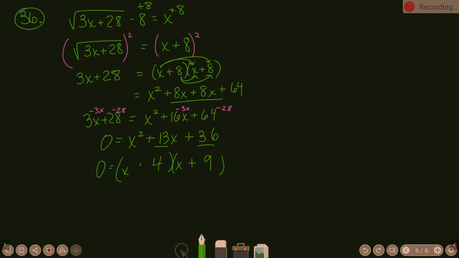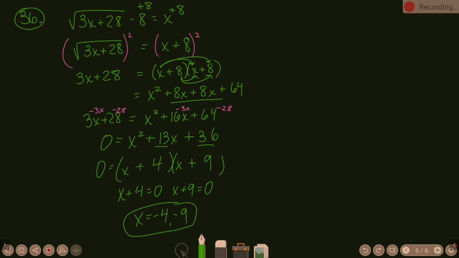Everything's positive, so we put positives in. What are my possible answers here? Set x plus 4 equal to 0 and x plus 9 equal to 0. Possible answers are -4 and -9.